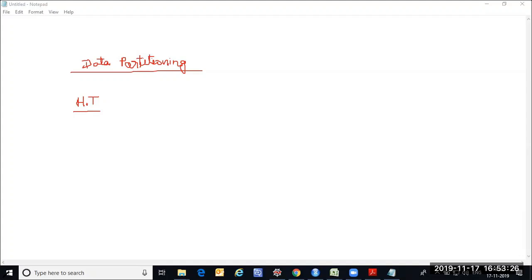So just to counter that problem, it is always suggested to partition the historical data into training data and test data.